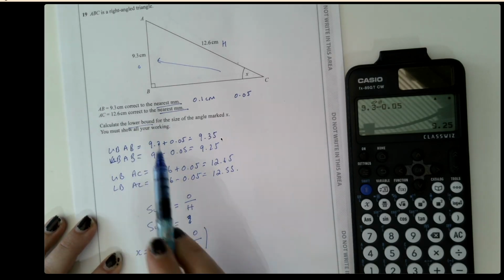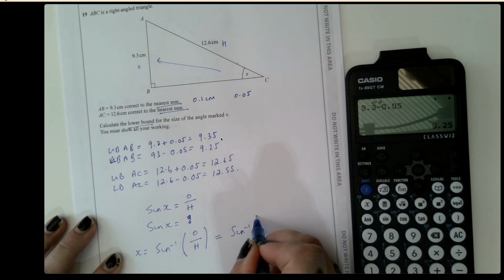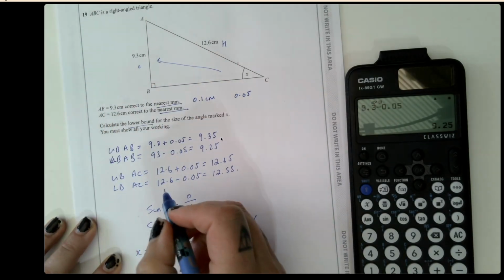If we want the lower bound, we need to divide the smallest possible number by the biggest possible number, which will then give us our smallest possible answer. So when we substitute these in, we want the smallest possible value for the opposite, which is AB.